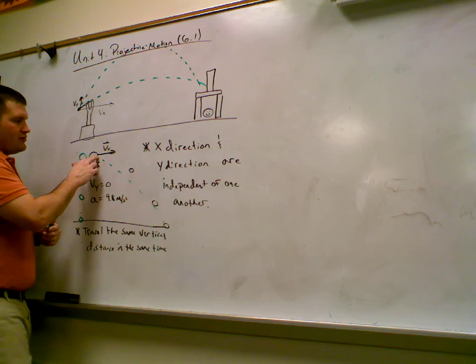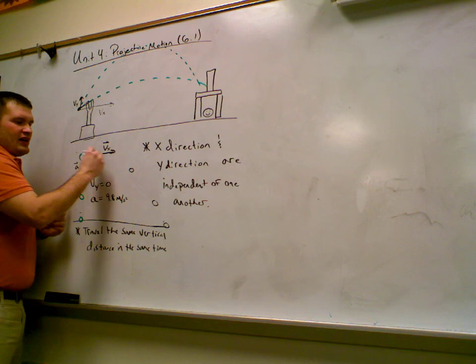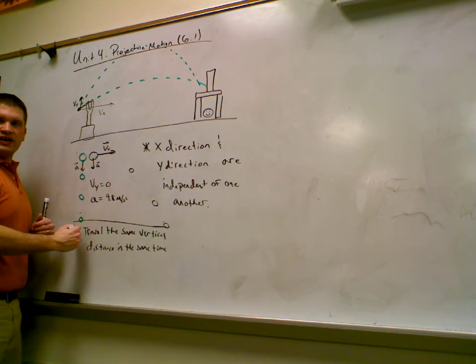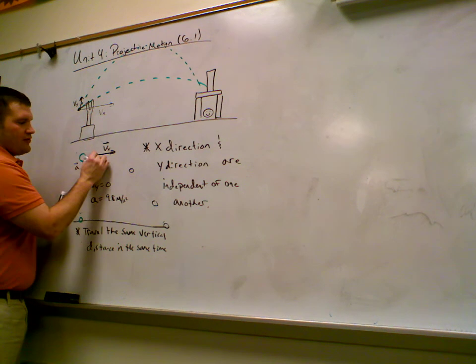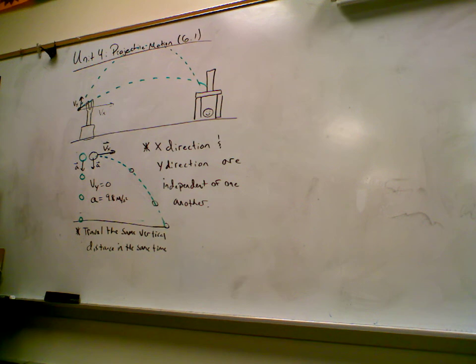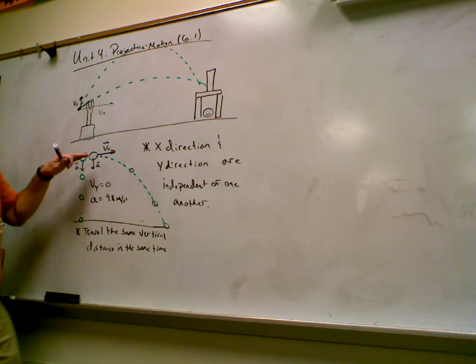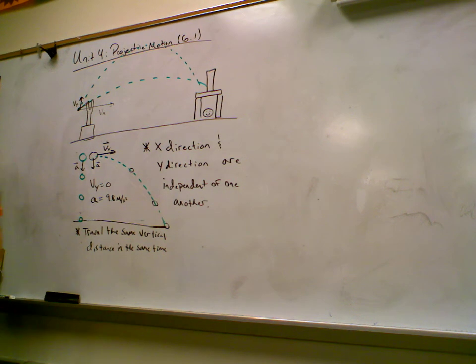Because this looks like it's traveling more. Well, it does show more distance. This length is longer than this length. But if I follow this path, is that just vertical? This has some horizontal aspect to it, doesn't it? Okay, does that make sense?